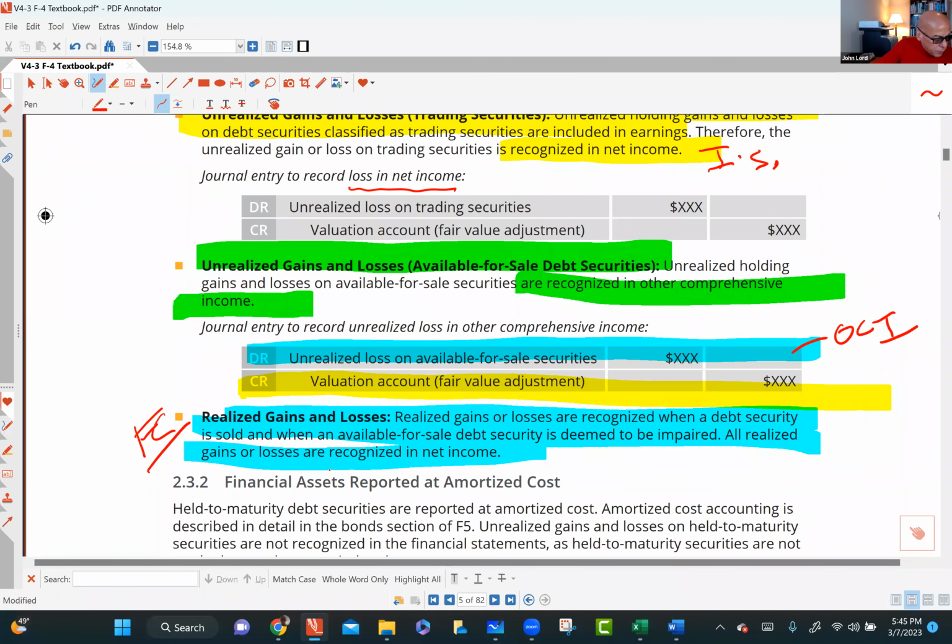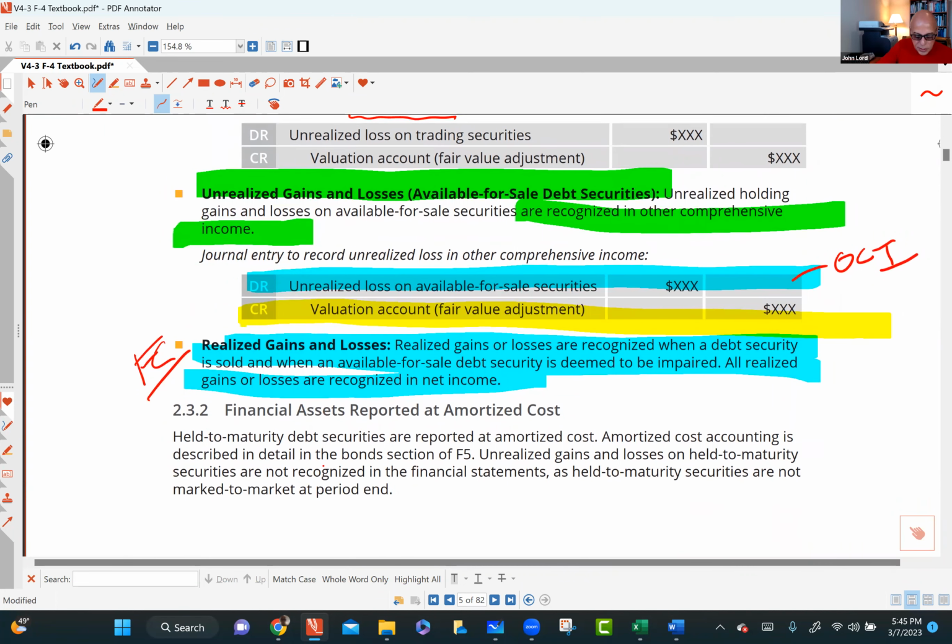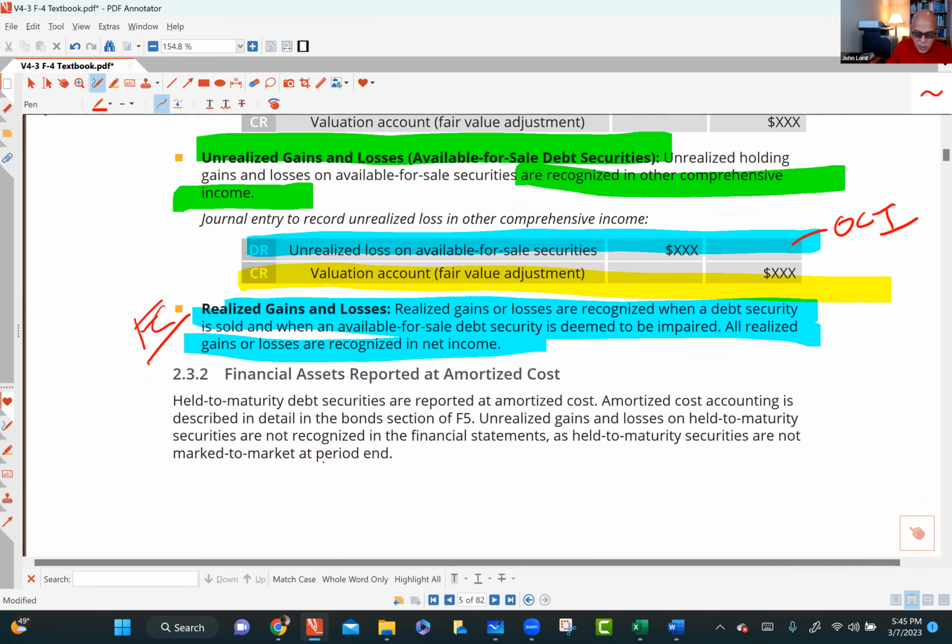Now, if it is an asset that is being carried at amortized cost, you're simply going to carry it at its face plus any unamortized premium, or face minus any unamortized discount.